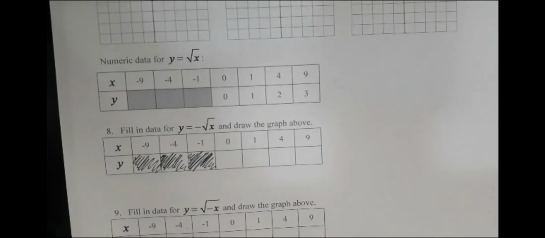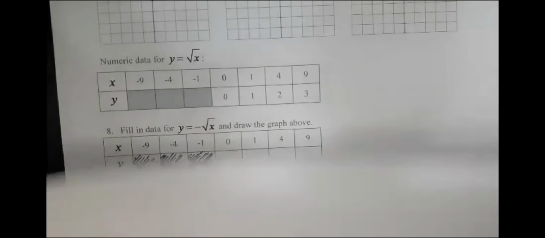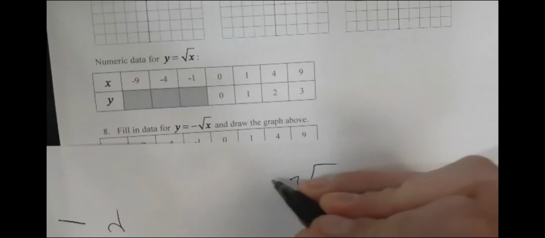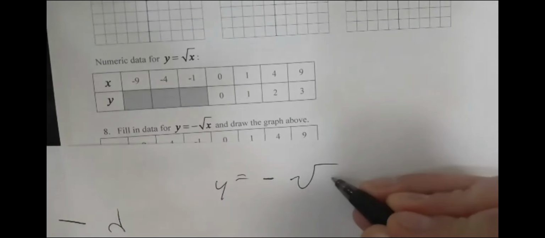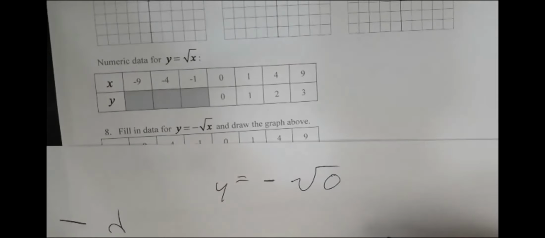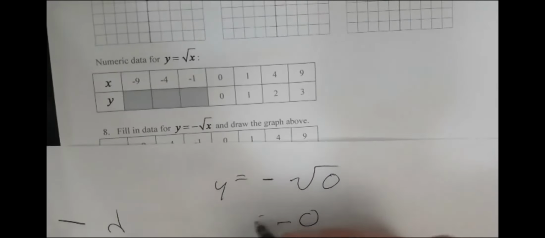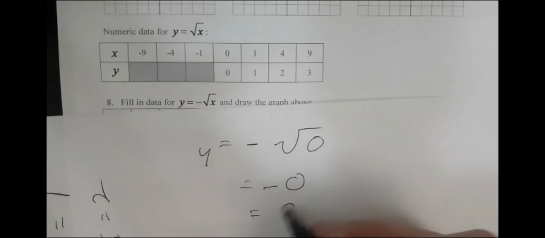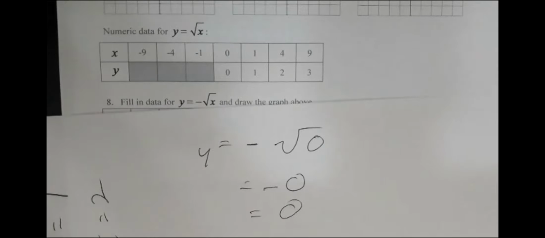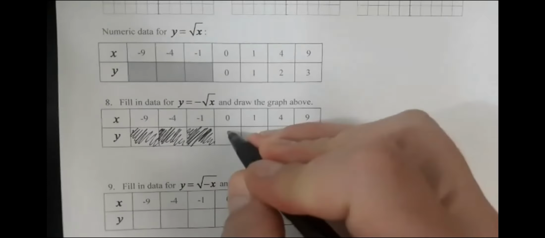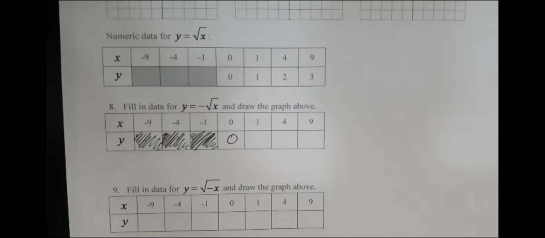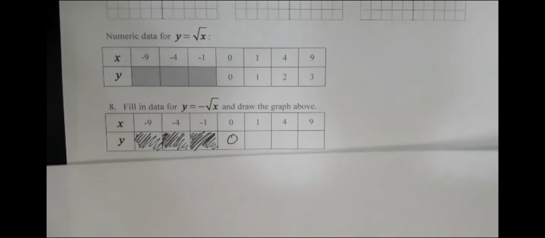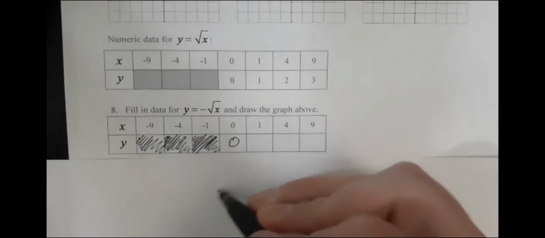Okay, now we're just throwing in a square root of 0. And I take a negative 0. Okay, that's kind of silly. If we subtract 0, it's still just 0. This is giving me a 0. Now, it might get a little more interesting.